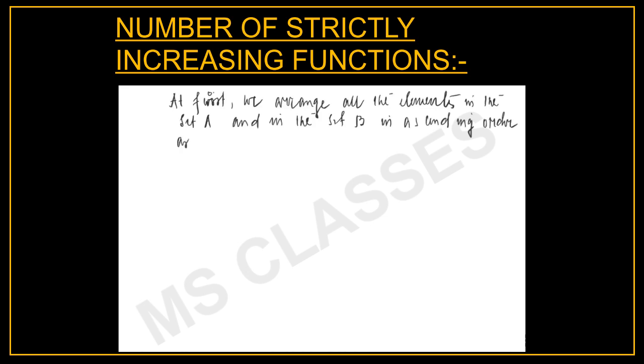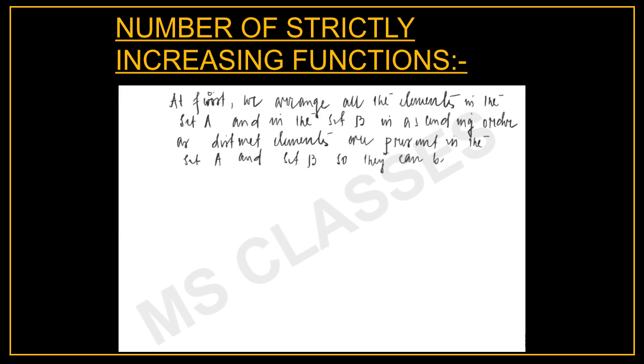As distinct elements are present in set A and set B, they can be arranged only in one way. Because they are distinct elements, distinct elements can be arranged only in one way.